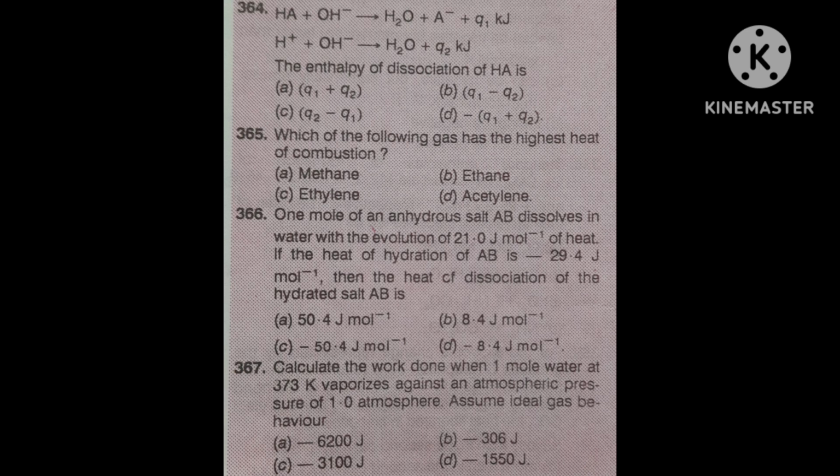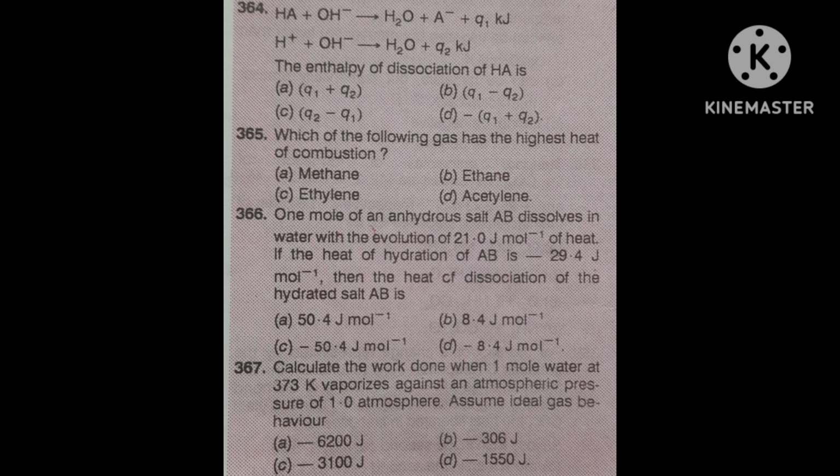This time the delta H value is considered as delta H2. Then delta H1 plus delta H2 is given as minus 21. Correct?